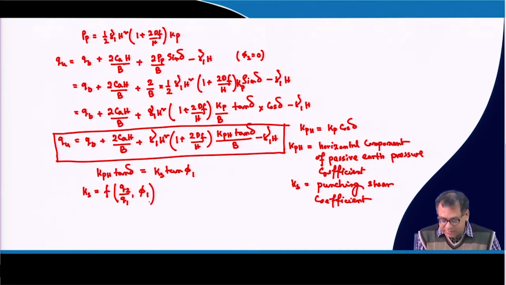This case is represented in chart form, where it is a function of phi 1 and Q2 and Q1.